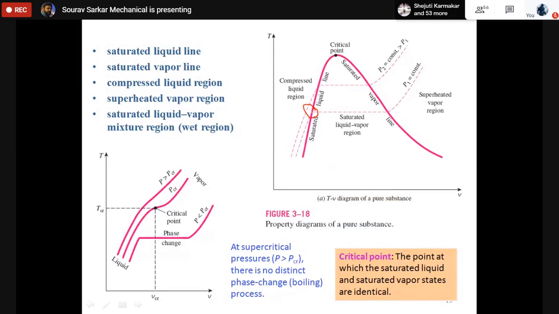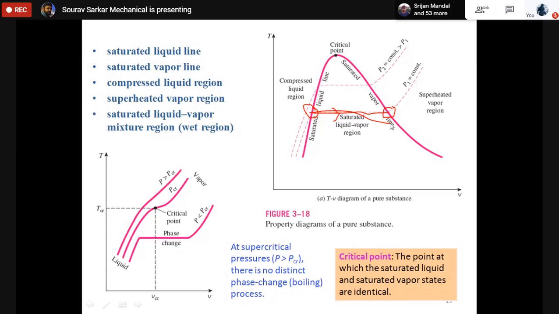At this point there is no vapor, but if you add a delta amount of heat, the vaporization will start. If you go along this line, the percentage of vapor gradually increases, and finally the whole liquid converts into saturated vapor at this point. So this whole line can be termed as saturated water.